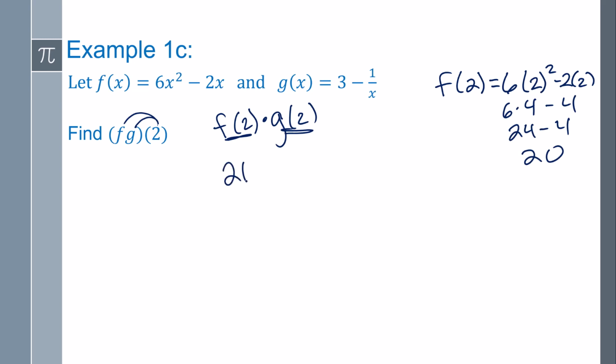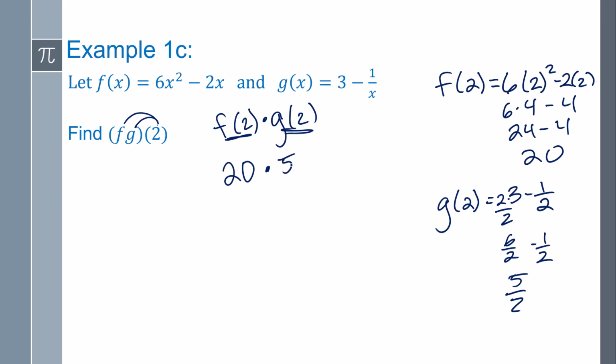So this is 20 times, now your g of 2. Now I need to simplify that. Find the common denominator. So multiply by 2 over 2, so you get 6 over 2 minus 1/2. So that's going to be 5/2. Now just simplifying that, this is 20 over 1. 20 and 2 cancel out, so you get 10 times 5, so you get 50.